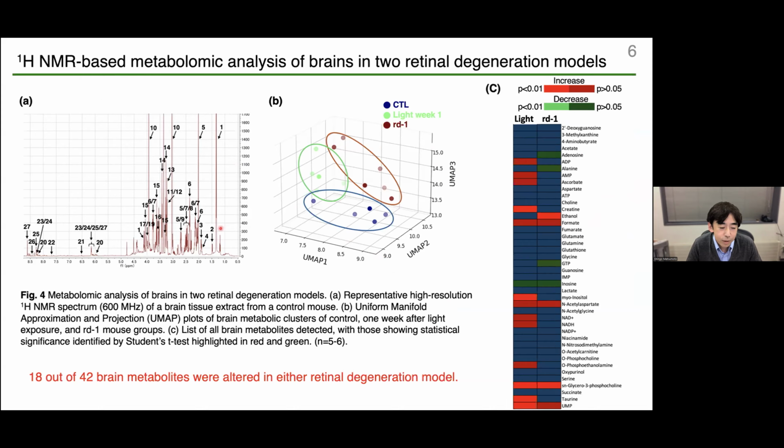This is a summary of the NMR study, not the hyperpolarized study. Among the 42 hydrophilic brain metabolites identified, 18 were significantly changed in either retinal degeneration model. Clustering analysis clearly separated the clusters of both retinal degeneration models from the healthy control mice.